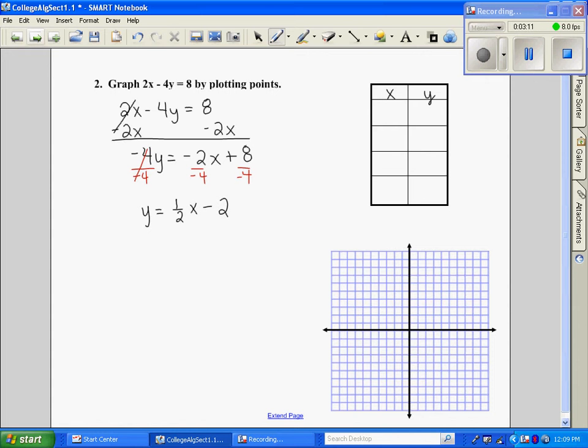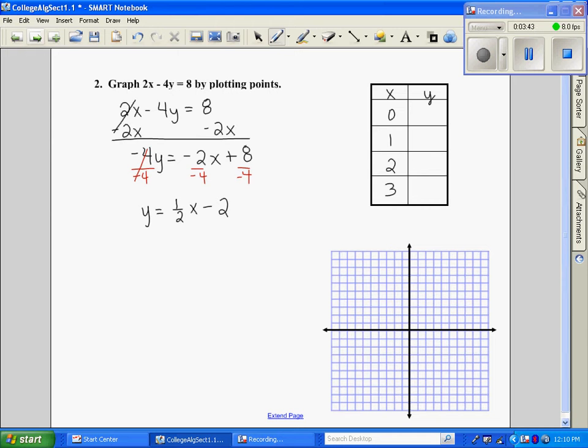Okay, once we have this solved for y, we're going to look at our table on the right, and we're going to choose points. We're going to pick any values for x and substitute them in and solve for y. I have the freedom to choose any x values I want. I'm just going to start with 3 basic ones, 0, 1, 2, and 3. You have the freedom to choose any x values, but we're going to keep it simple in this one.